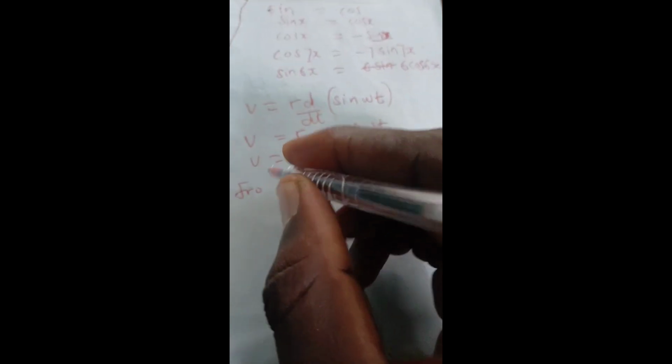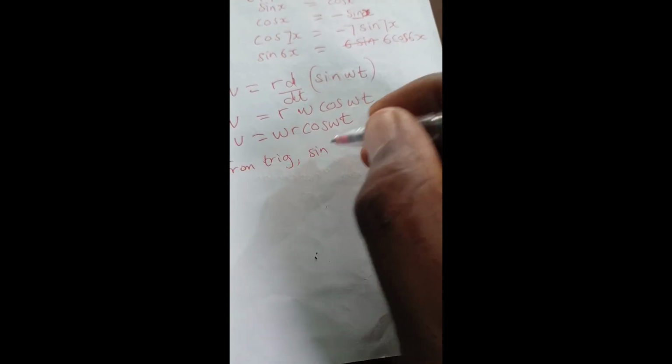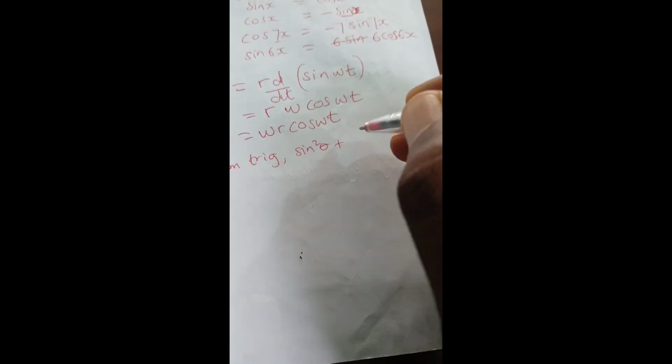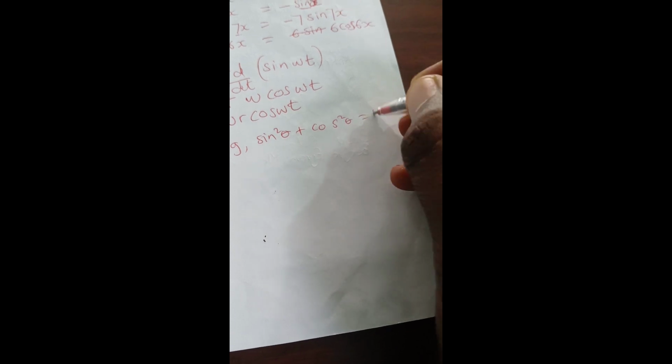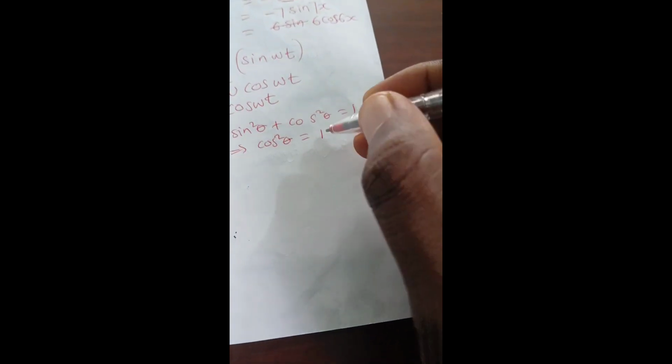Now from trigonometry, we know that sine squared theta plus cos squared theta is equal to 1, which follows that cos squared theta is equal to 1 minus sine squared theta.